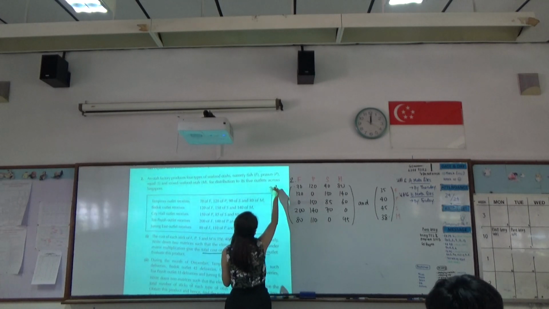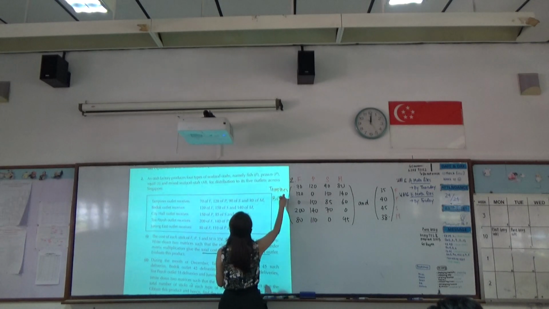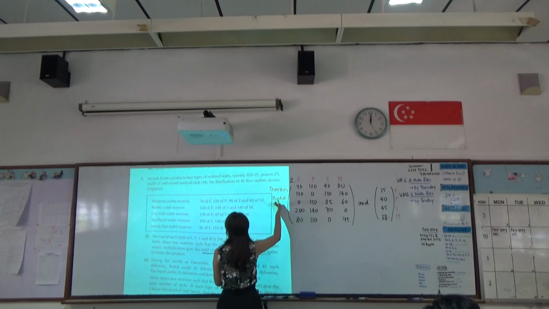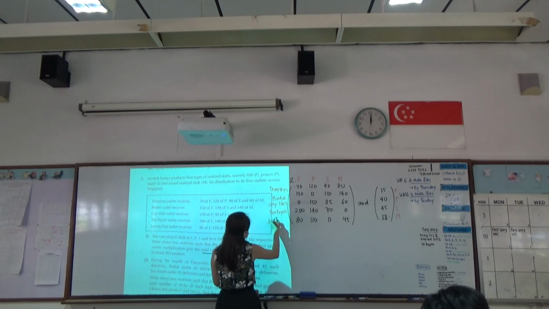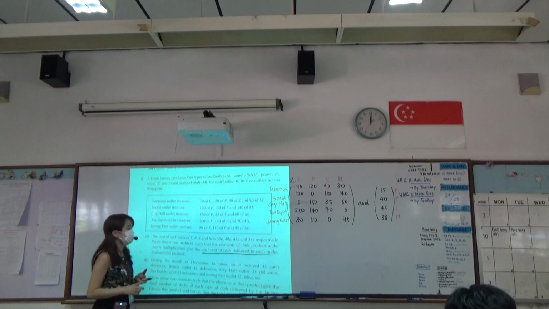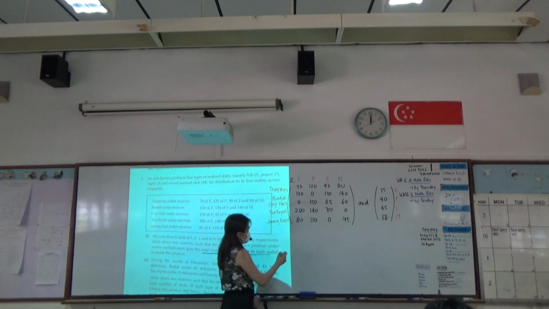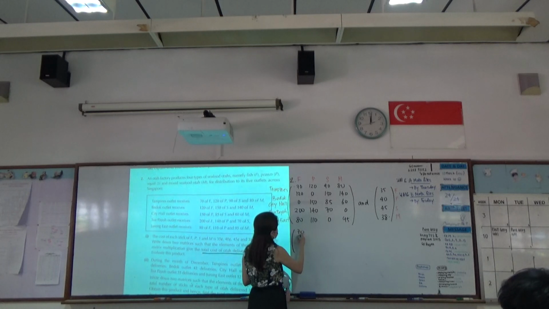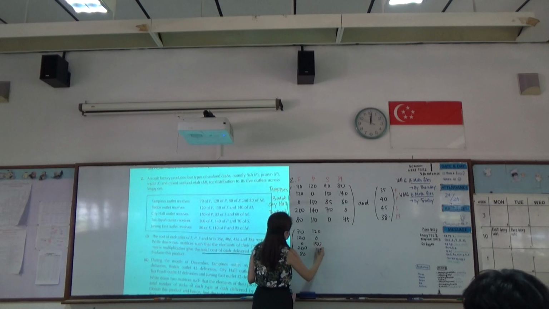You may want to write down Tampines, Bedok, City Hall, Toa Payoh, and Jurong East. Then we proceed with the matrix multiplication, so rewrite everything again because that forms part of our working.